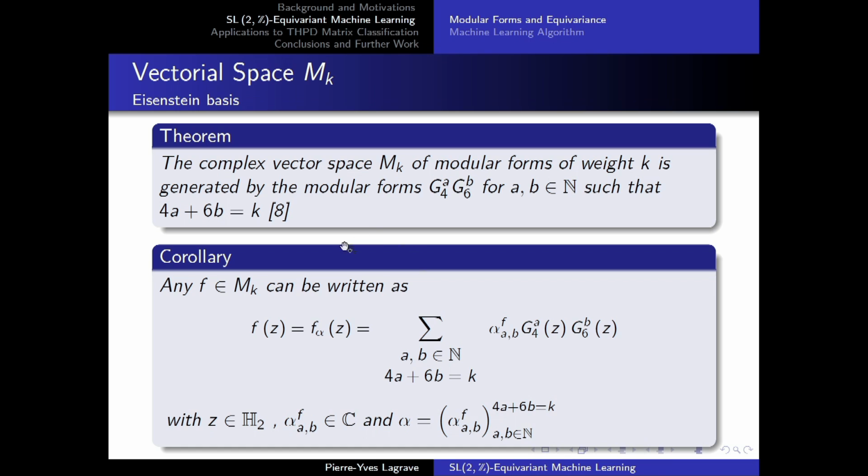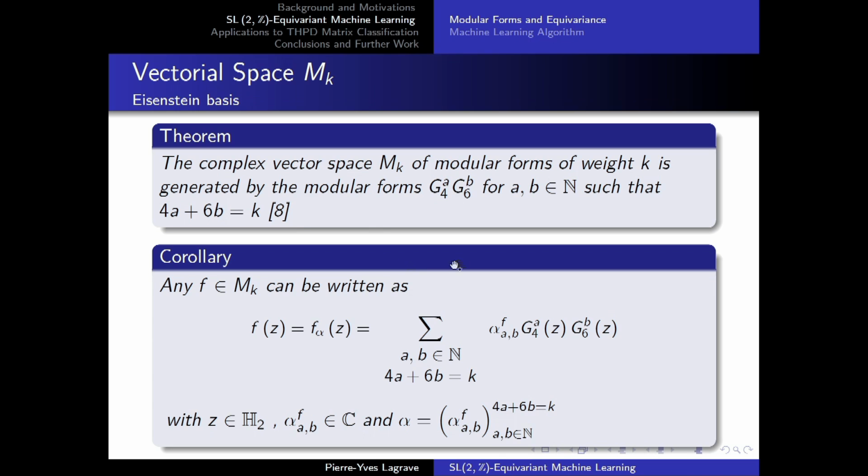Here, the basis for M_k is going to be constituted of the products G4 to the power a times G6 to the power b, for a and b positive integers, such that 4a plus 6b is equal to k. That's a very powerful result, actually. Not trivial at all.